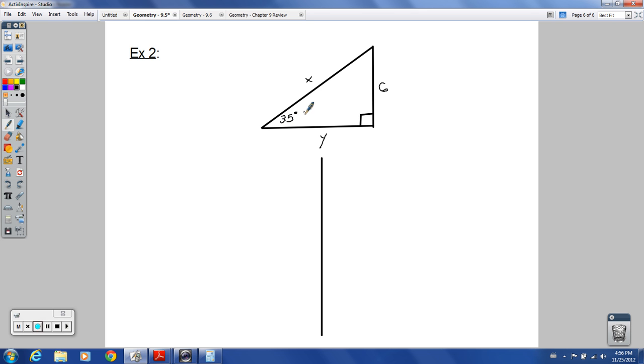So what would that be? 35 is what compared to this degree measure is what compared to this side? If you said this is opposite, you'd be correct because this angle is opposite of this side. This side is opposite of this angle. So we're using opposite and we're using the hypotenuse.